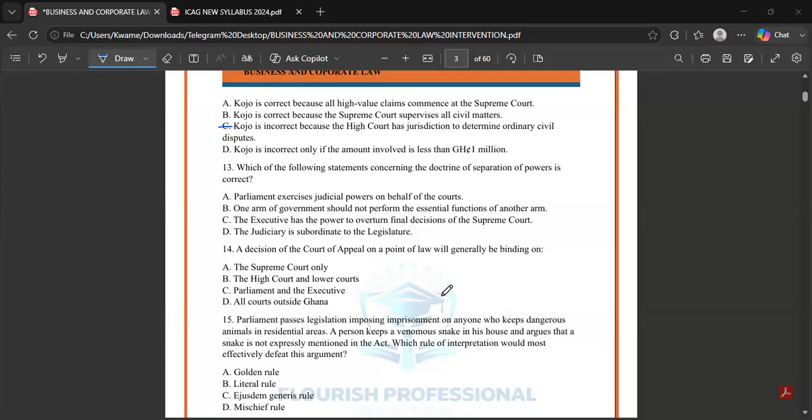Which of the following statements concerning the doctrine of separation of powers is correct?